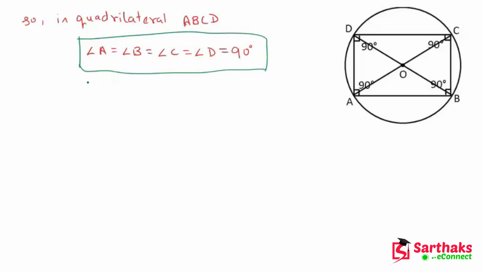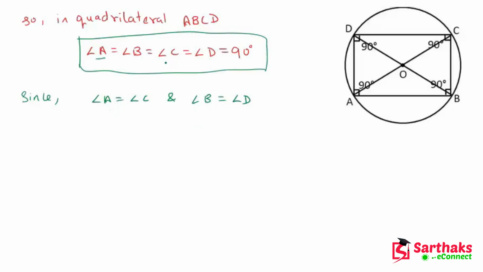Now, my dear friends, since angle A is equal to angle C and angle B is equal to angle D, this is the property of a parallelogram, because we know that in a parallelogram opposite angles are equal.